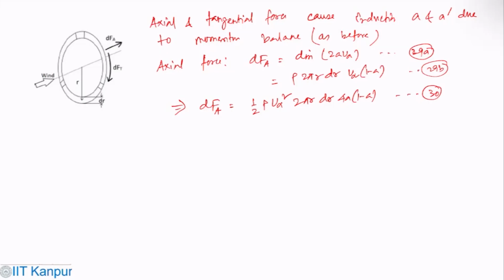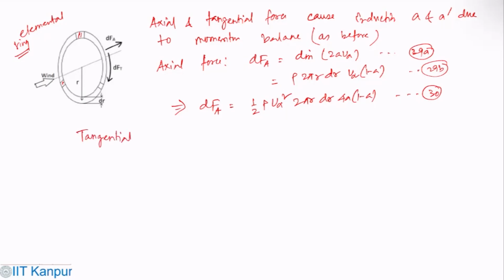So that's the axial force that you get. This elemental ring would give you an idea of the wind coming through. So this very clearly shows, when the wind passes through and this is rotating, which way the axial force would act and which way the tangential force would act. And this segment, one can think about, is where you have those blades.